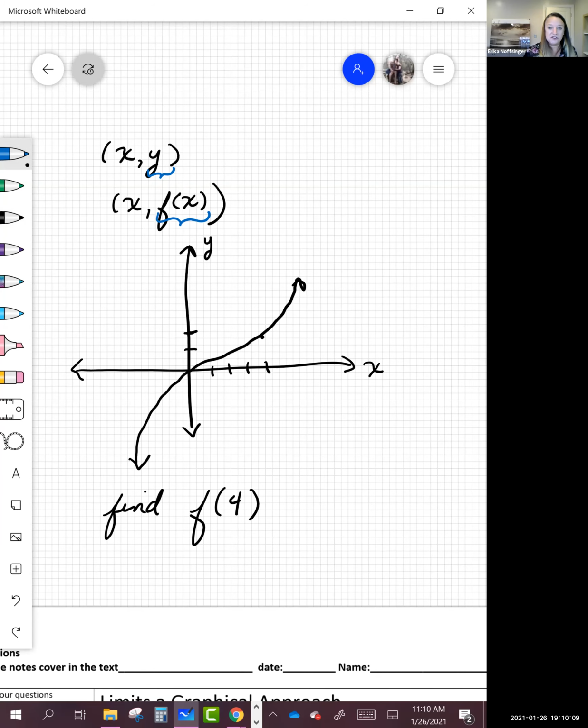So you need to understand this notation. So this 4 is representing the x value of your point. So you're going to go over here on the x-axis, locate where 4 is, go up on the graph, and we're trying to figure out what the y value is when x is 4. So looking at this, we can see that the y value here is 2.